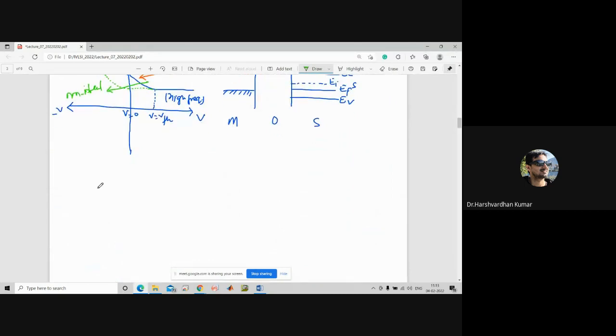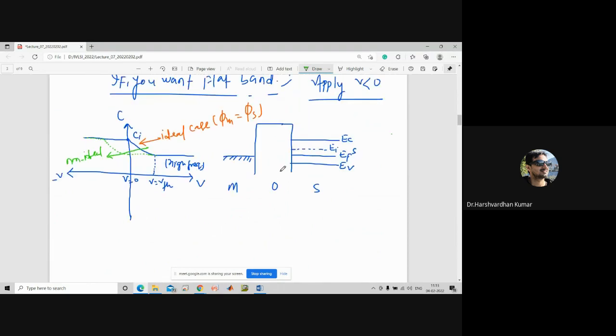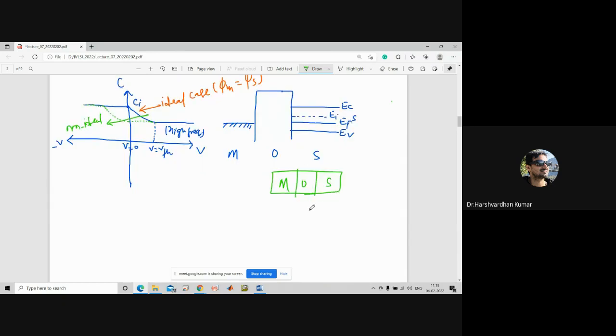First of all, since we are talking about the interface, if you see the circuit here, this is metal, oxide, and semiconductor. So this region is the interface.